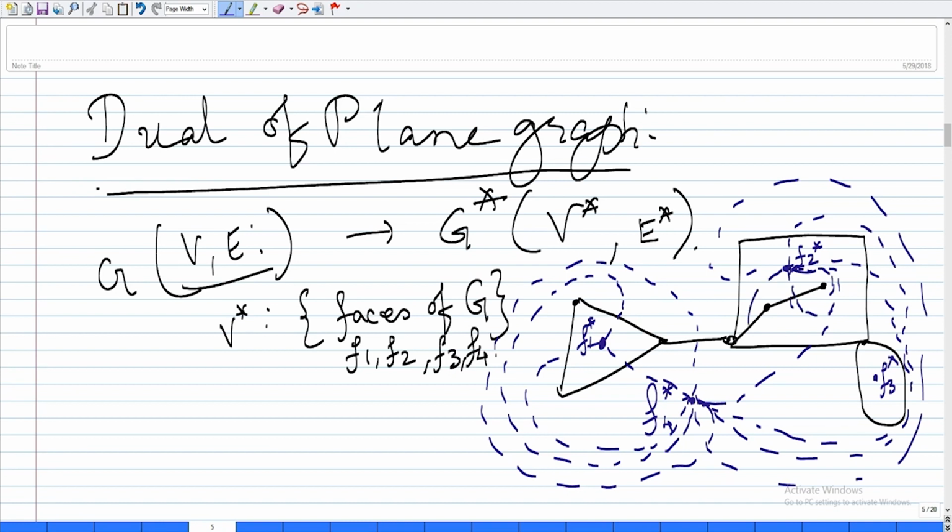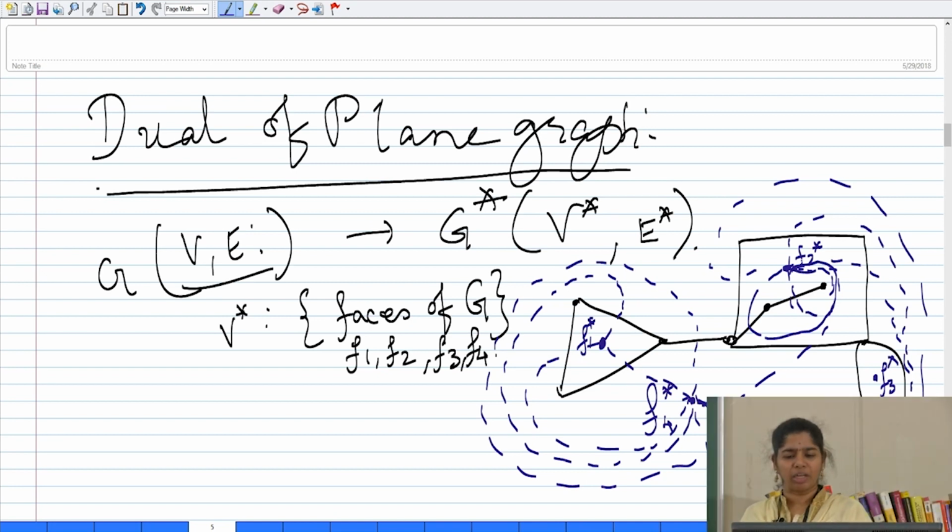So this would be there connecting to F2 itself. Okay. So this is now the graph that we are calling the dual. As you can see, the dual need not be simple anymore. It has multiple edges, and loops are also always possible here, right. Whenever you have cut edges, loops will be there, and of course, where there is more than one boundary, you will always have multiple edges.